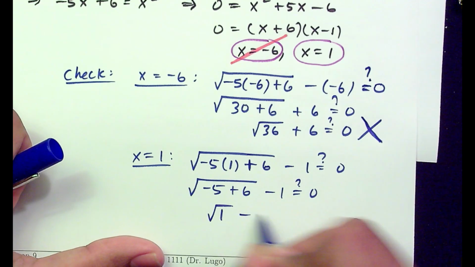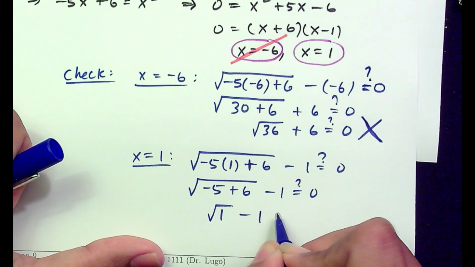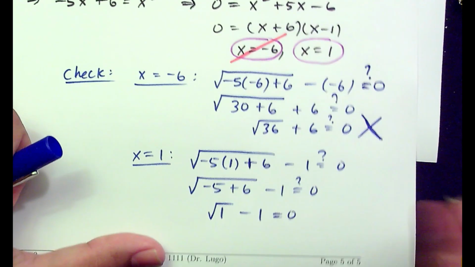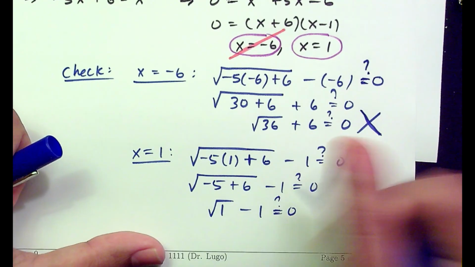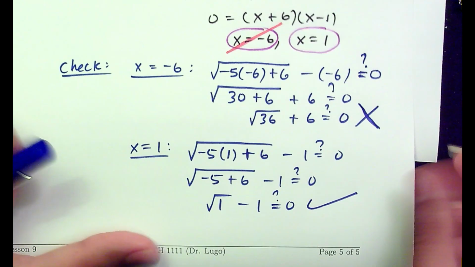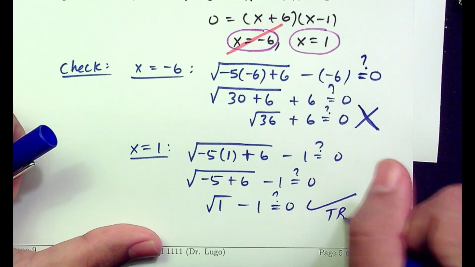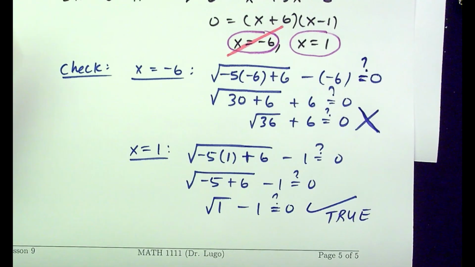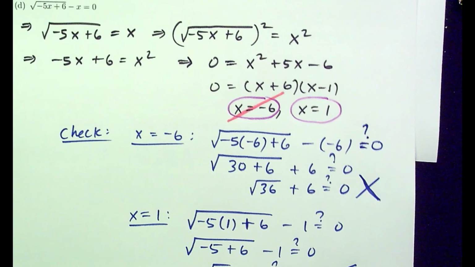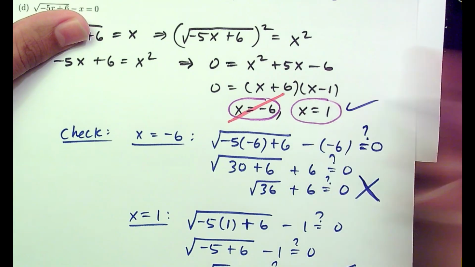So is it true that the square root of 1 minus 1 equals 0? Well, the square root of 1 is 1, and 1 minus 1 equals 0, so that is true. So that means x equals 1 actually does work. So x equals 1 is a solution.